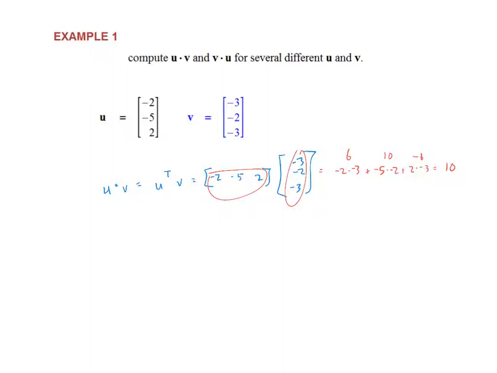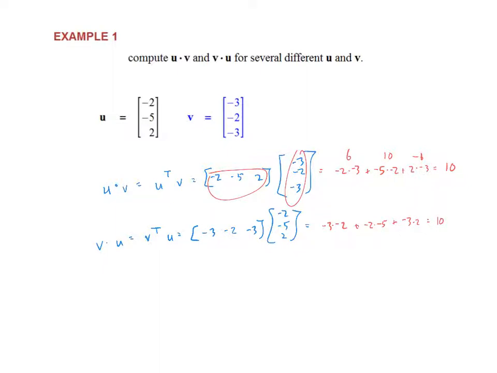All right, now for v dot u, that is v transpose times u. If I transpose v, -3, -2, -3, and write regular u, -2, -5, 2, what you'll see if you expand that out, -3 times -2, plus -2 times -5, plus -3 times 2, well, that also equals the 10 that we got just a second ago.